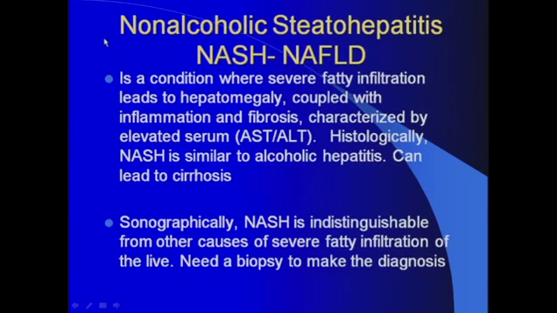Now, when we talk about fatty liver, we need to address a very important entity that has a significance and increased morbidity for patients if we don't make the right diagnosis. Now, this entity, known as non-alcoholic steatohepatitis, NASH, or non-alcoholic fatty liver disease, is a condition where severe fatty infiltration leads to hepatomegaly and is associated with inflammation and fibrosis. There's also associated increased abnormal liver enzymes, AST, ALT, in these patients.